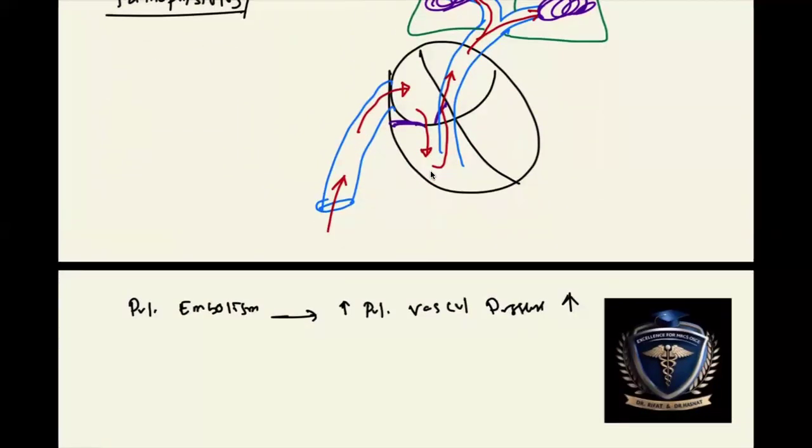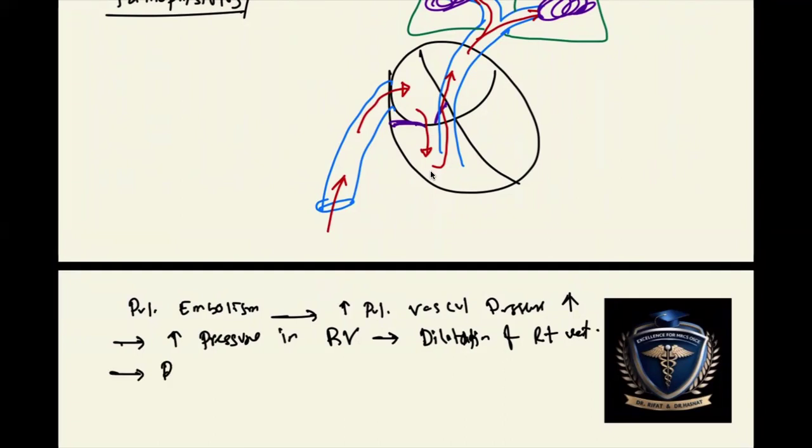Increased. Increased pressure in the right ventricle, so dilatation, ultimately dilatation of the right ventricle, and ultimately it causes right-sided heart failure.